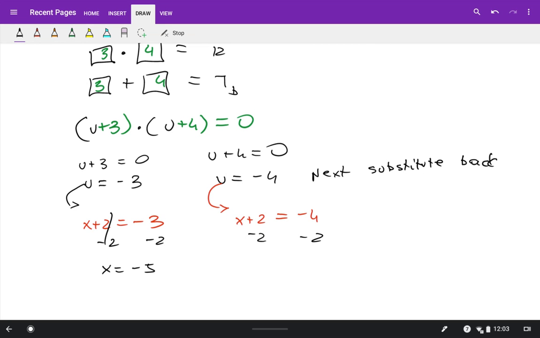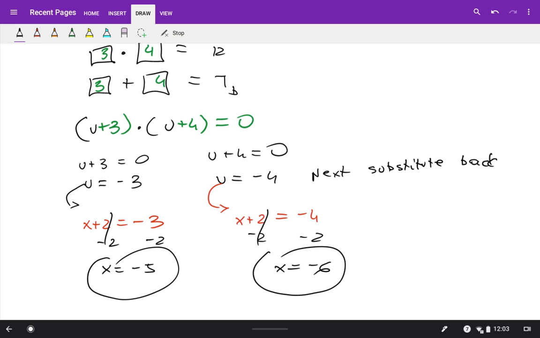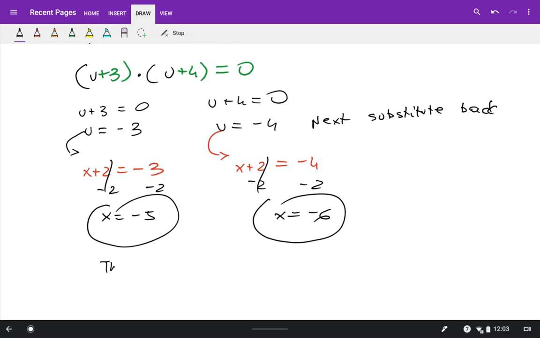Subtract 2 from both sides, we're getting x equal negative 6. Okay, so we have two solutions. So I will put that the solution set is negative 6, negative 5.